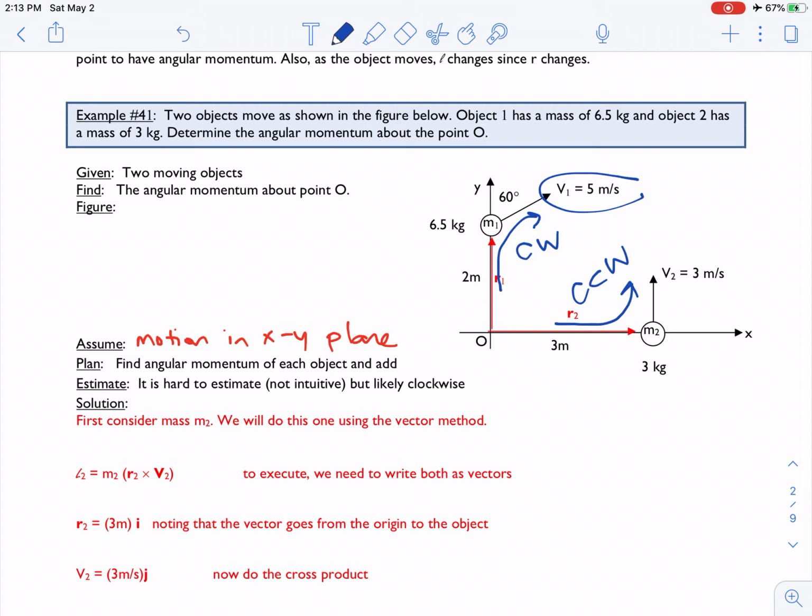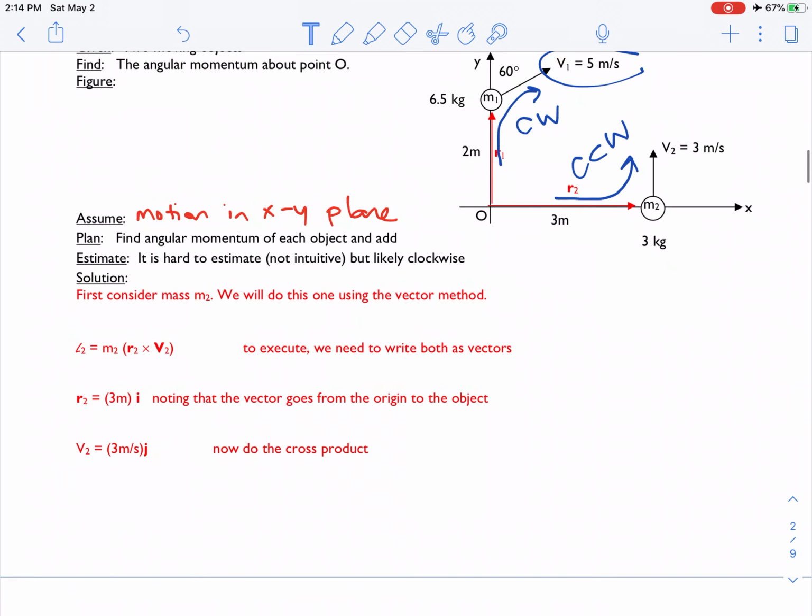But I don't know for sure. If you look at the components, maybe it's going to be clockwise. It's a really close call and hard to estimate, but I can definitely see they will cancel out some, if not all.